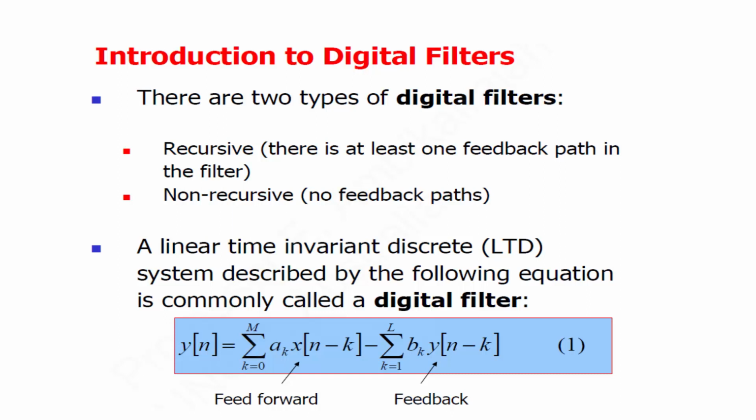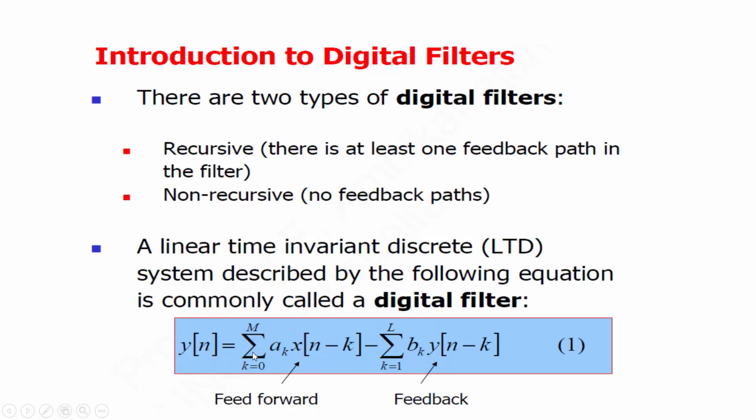A linear time invariant discrete system described by the following equation is commonly called a digital filter. So this is the equation actually. y[n] is the output, the sigma k going from 0 to capital M with the coefficients represented by a_k, x[n minus k].